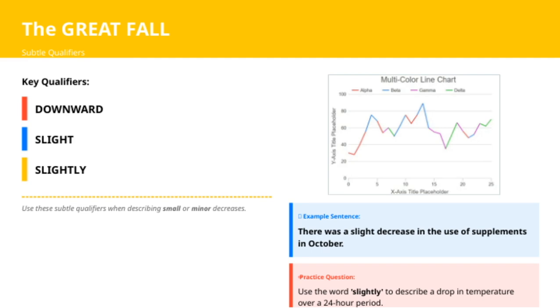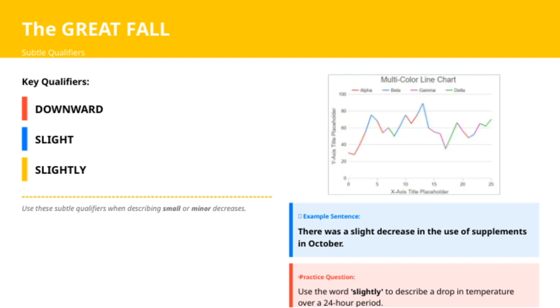In the example sentence, we emphasize using these subtle qualifiers whenever we're describing small or minor decreases. It's important to recognize that words like slightly or slight serve as key qualifiers. They help us communicate the magnitude of change without overstating it.